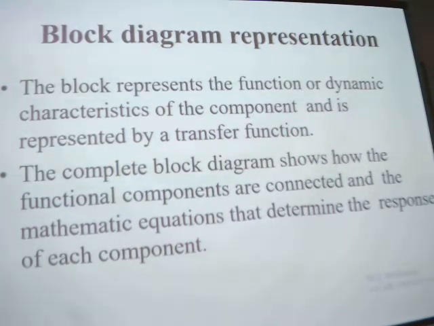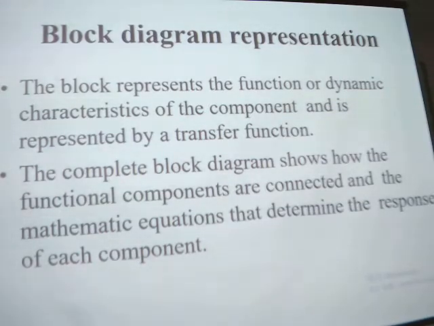The block replaces the function or dynamic characteristic of the component, and it is represented by a transfer function. The second, the complete block diagram shows how the functional components are connected, and the mathematical equations that determine the response of each component.